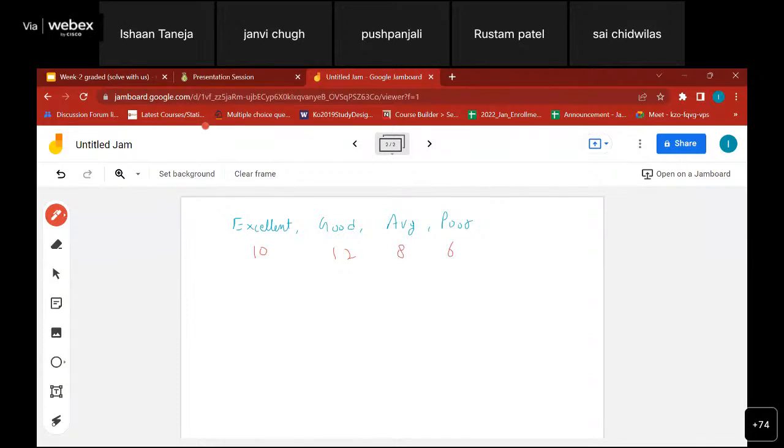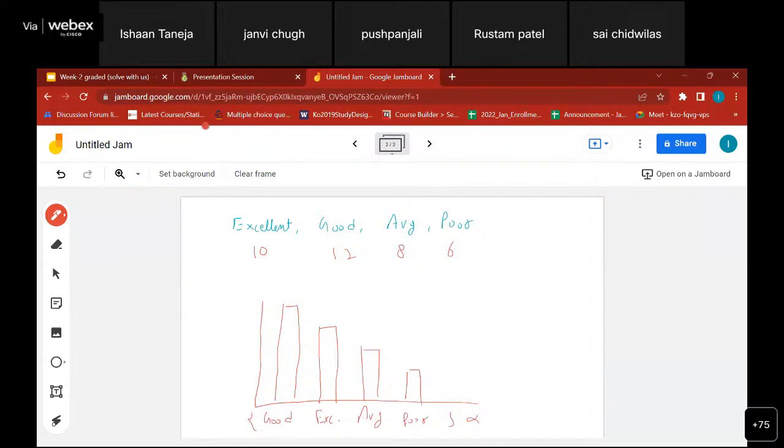Okay. So while plotting, if I make a Pareto chart, the first bar would be good, then we will have excellent, after that we might have average, after that we might have poor. So here you see that the order of categories is not maintained.